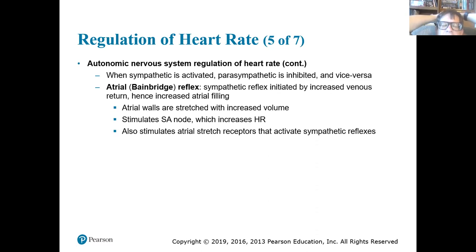If the atria are overstretched, they can release a hormone called ANP, atrial natriuretic peptide. We'll talk more about it when we do hormones, but this chemical tries to get you to urinate more, to get rid of fluid and decrease the fluid volume so you can lower the blood pressure a little.